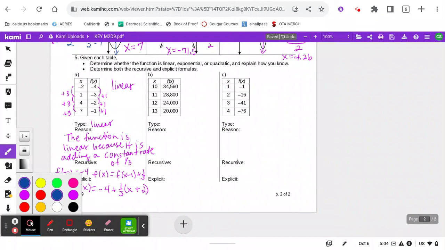Now I'm looking for my exponential and my quadratic. So this next one looks like really big numbers. That's always my hint that it's probably the exponential, but let's try it. I'm going to take 28,800 in my calculator right now, and I'm going to divide that by 34,560.